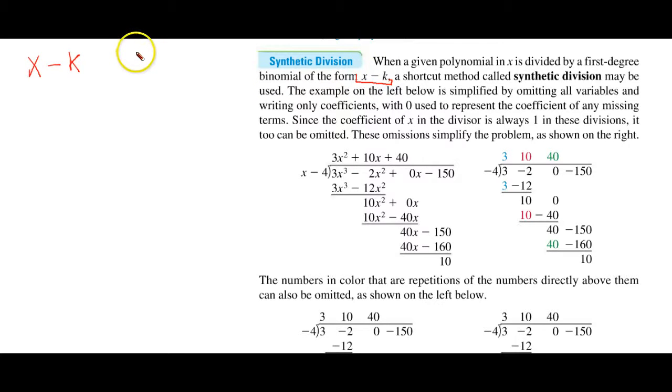Other books use x minus c, where c is a constant, and k is a constant. So if it's in this form, we're able to use synthetic division. We'll get back to this in a moment. But this is the example they're giving us in long division form.